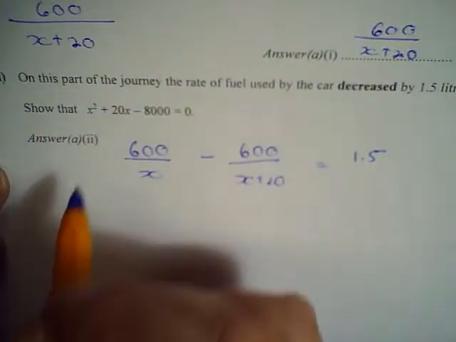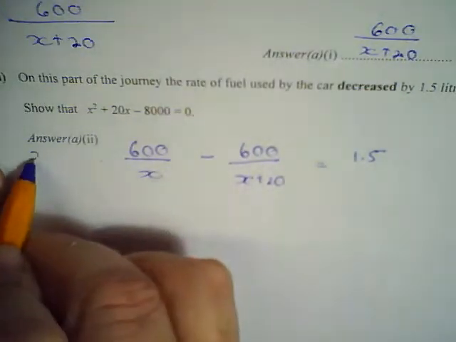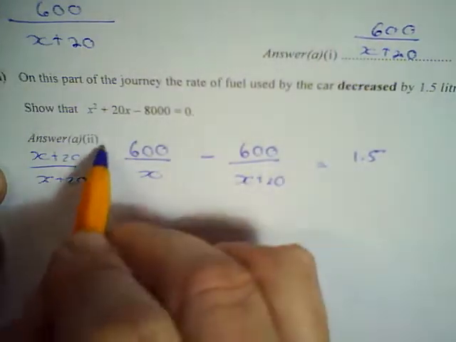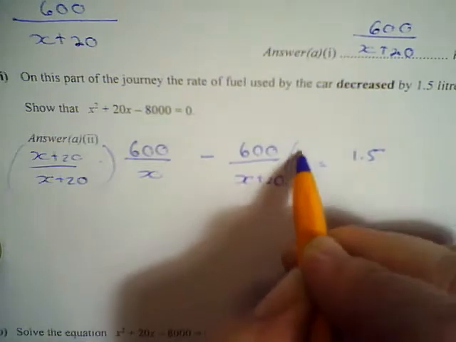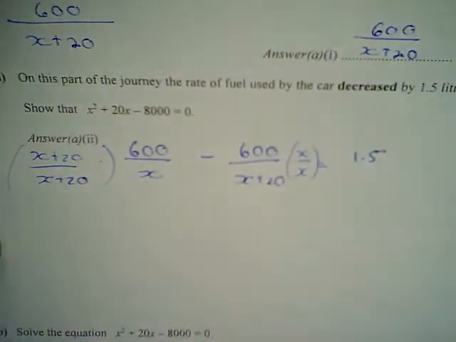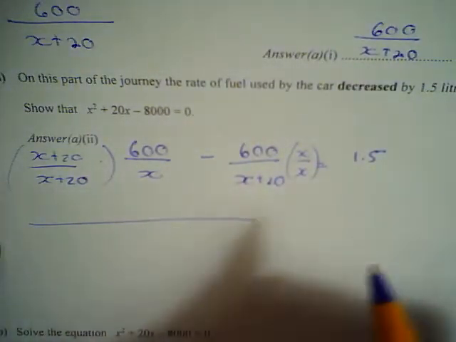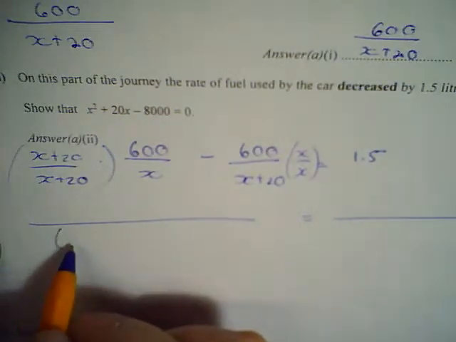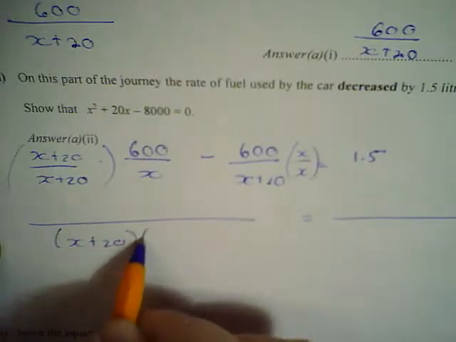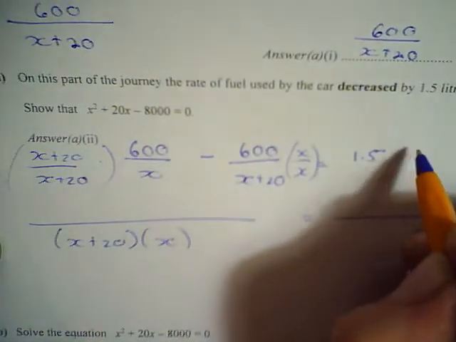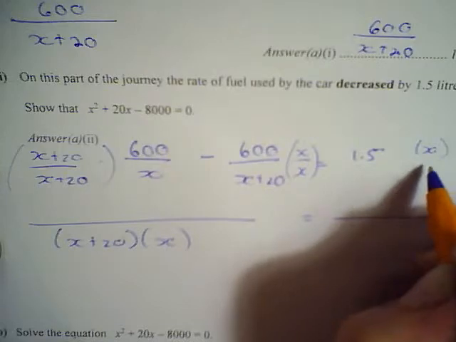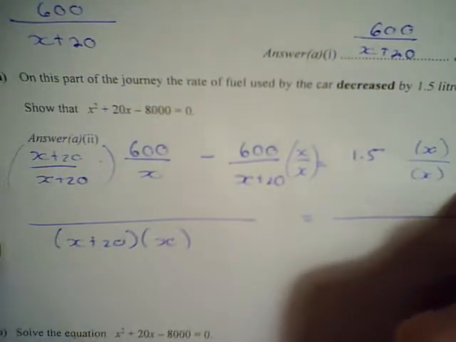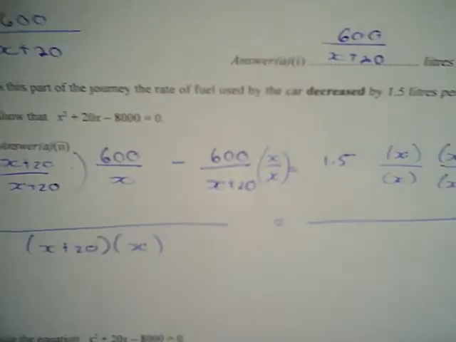So I'm going to find a common denominator, multiply this fraction with x plus 20 over x plus 20, and multiply the other fraction with x over x. That would give me one denominator equals one denominator, and I will have x plus 20 and x. This side also multiplied by x over x and x plus 20 over x plus 20.